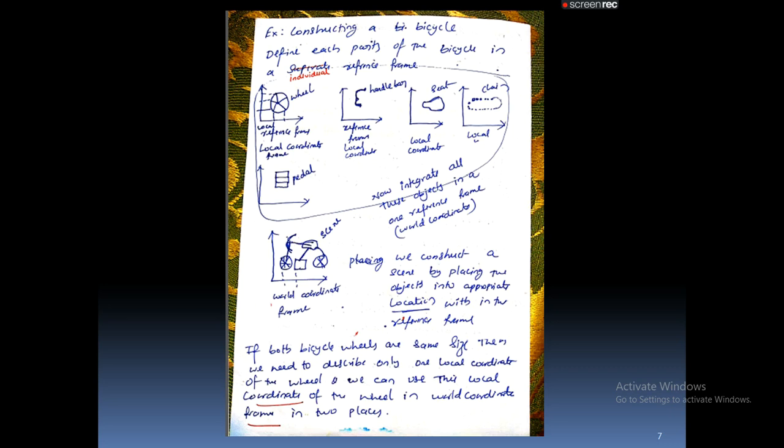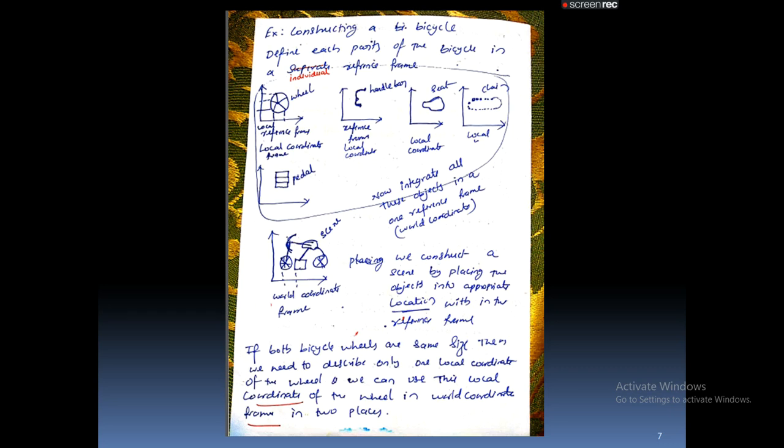Representing each object in a two-dimensional plane means we are specifying the dimension and the position of that particular object in the plane. After combining all those sub objects into one main object, I get one image or one scene that contains multiple objects.